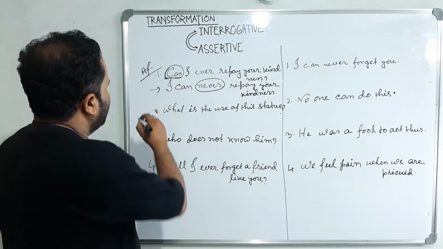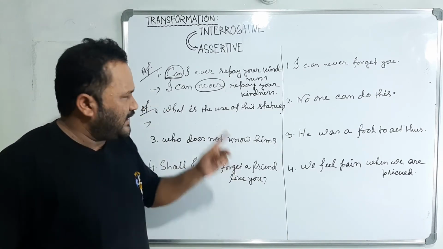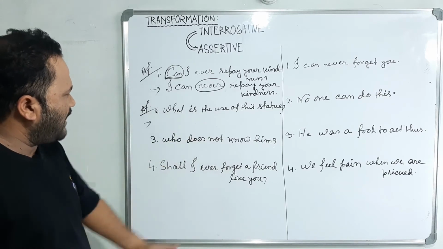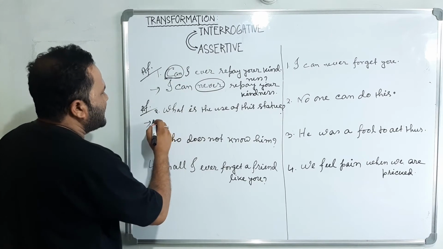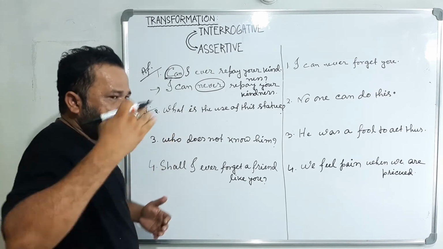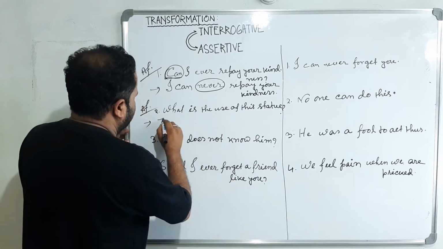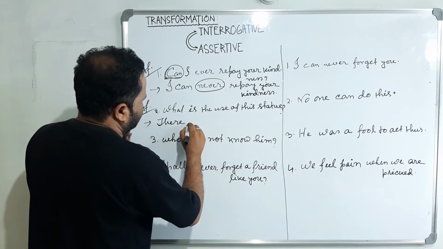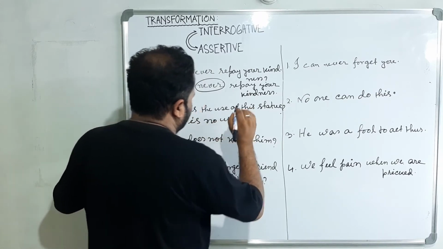What is the use of this statue? It is in affirmative. There is no negative word, so you have to write it in interrogative. That is, the assertive sentence should be in negative. What is the use of this statue? There is no use.